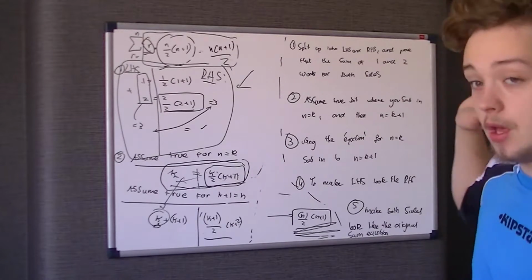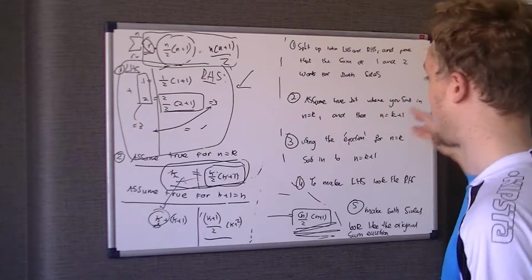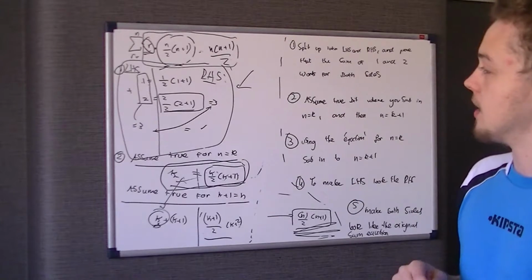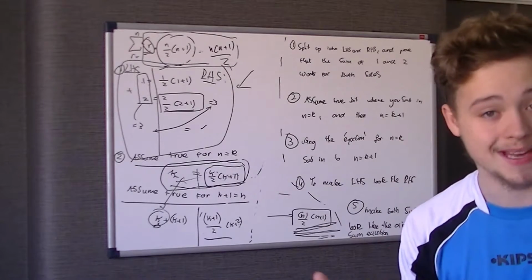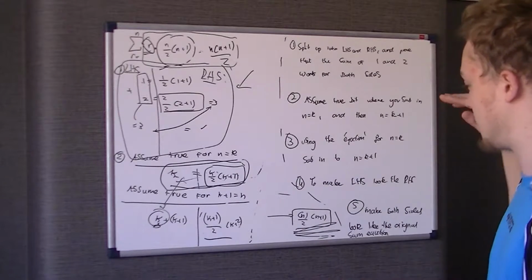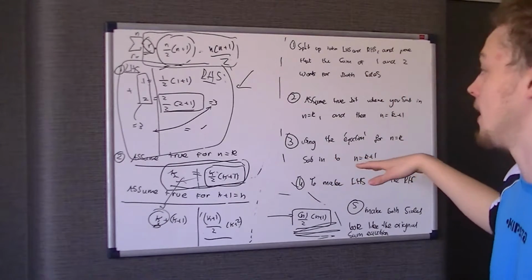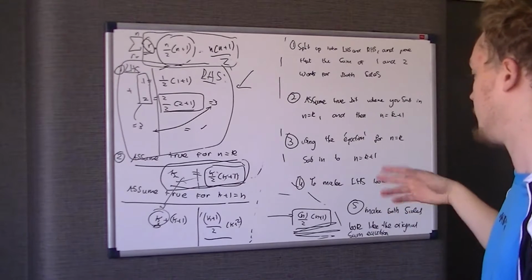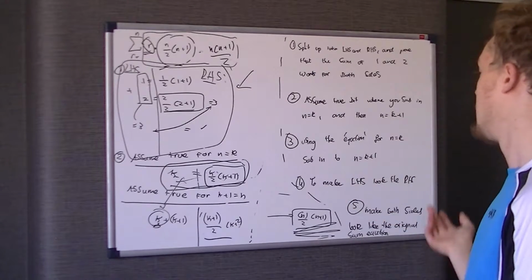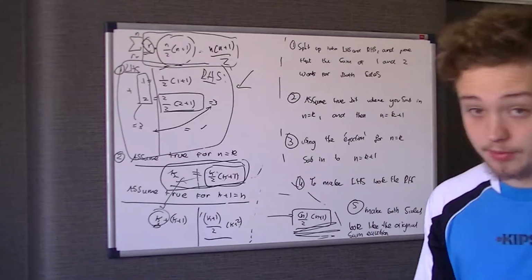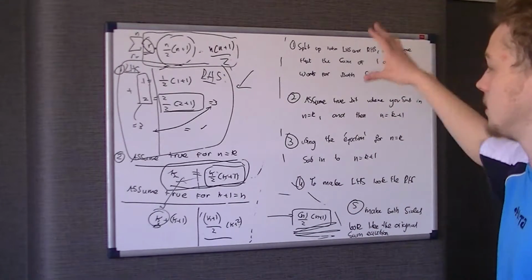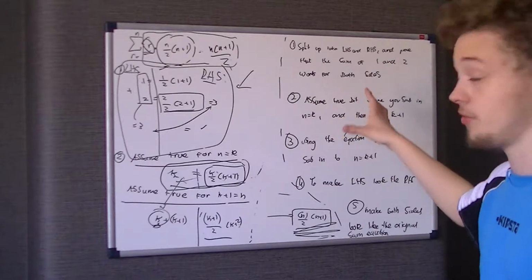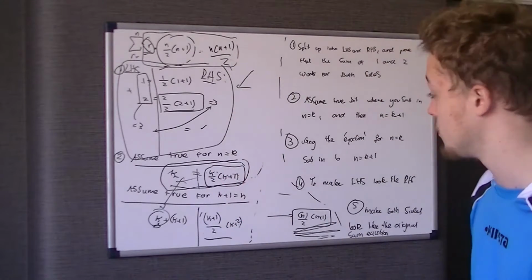But the steps that I've written down are more geared towards the sum, okay? The principle would work for any proof by induction, but these particular steps, such as step 5, would only be applicable to sums. So just imagine these are to do with proof by mathematical induction of the sum of a series.